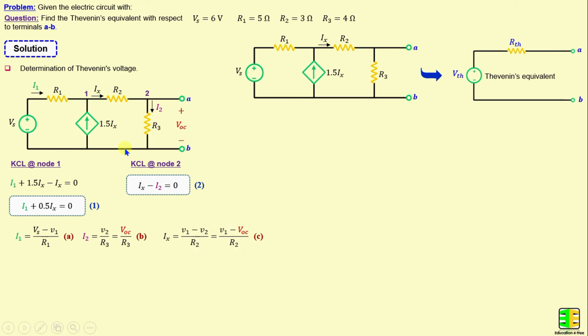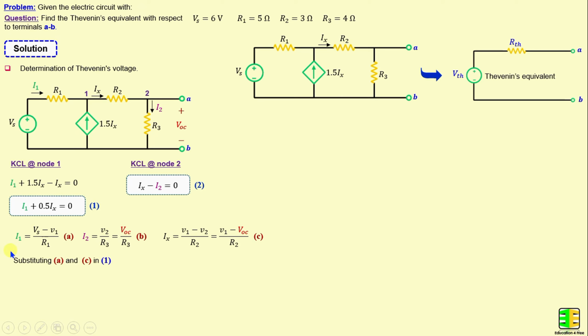And Ix is equal to V1 minus V2 over R2 is equal to V1 minus VOC over R2, where V1 and V2 are the node voltages at node 1 and 2.